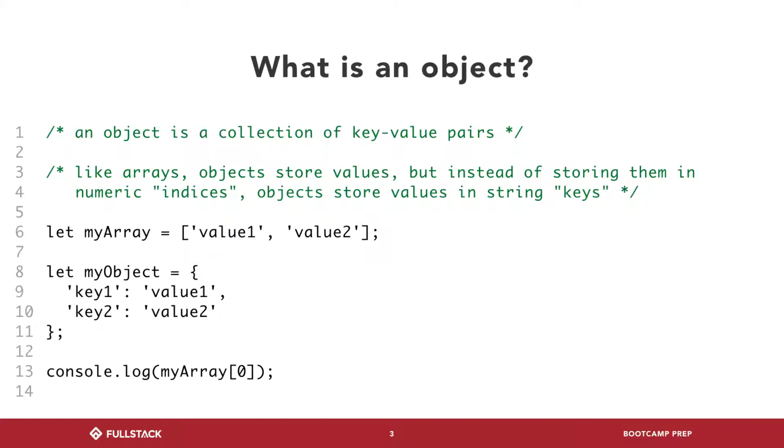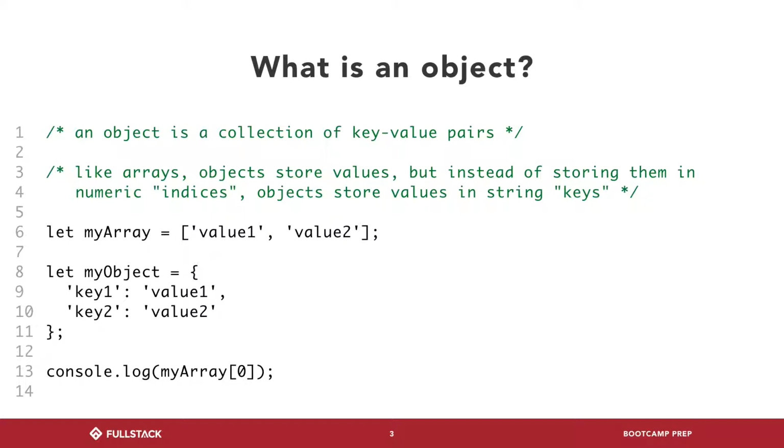Key 1, value 1, key 2, value 2. Each key value pair is this. The syntax is pretty simple. It's just key 1 colon value 1, right? Everything to the left of the colon is the key, everything to the right of the colon is the value, and we separate each key value pair by a comma.